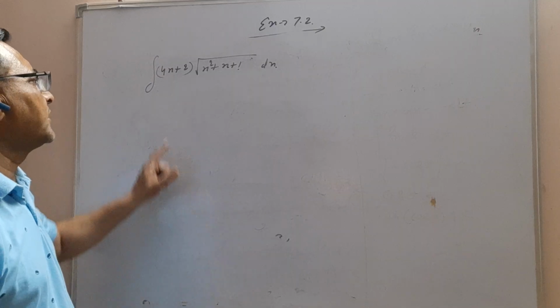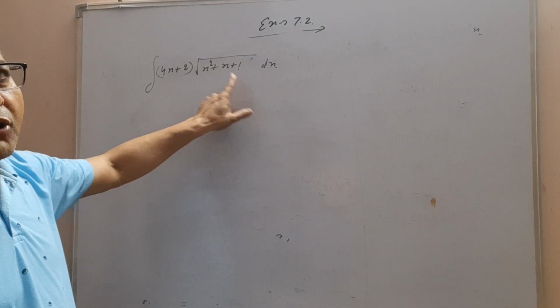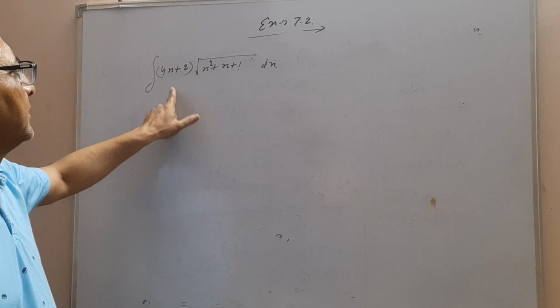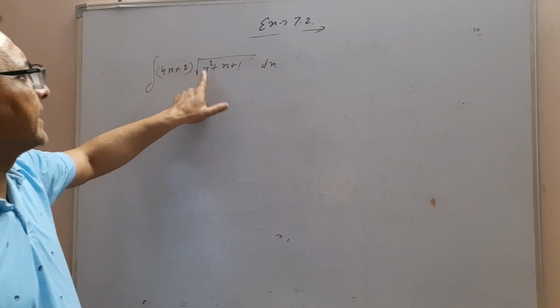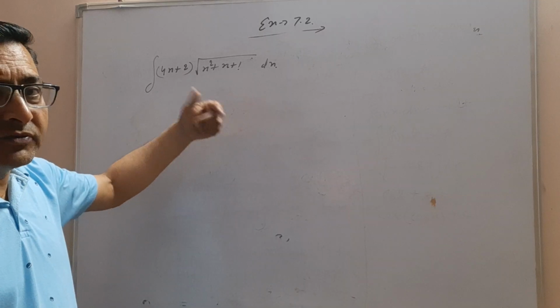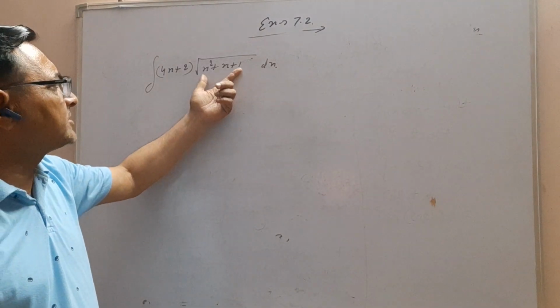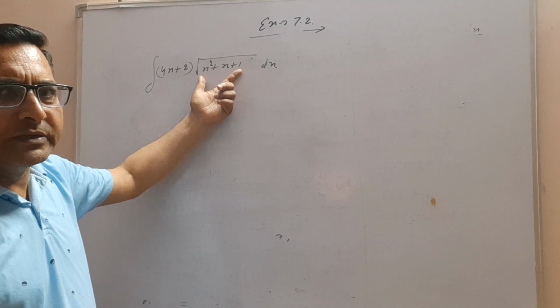You can't make this function outside the square root, because there is x square, there is x, and there is no constant term of x. So what will you do? You try to put the function under the square root equal to t.